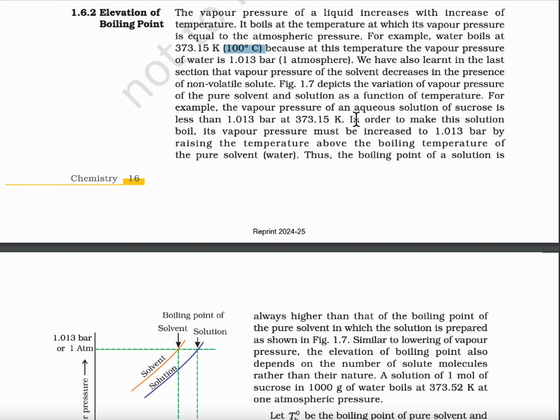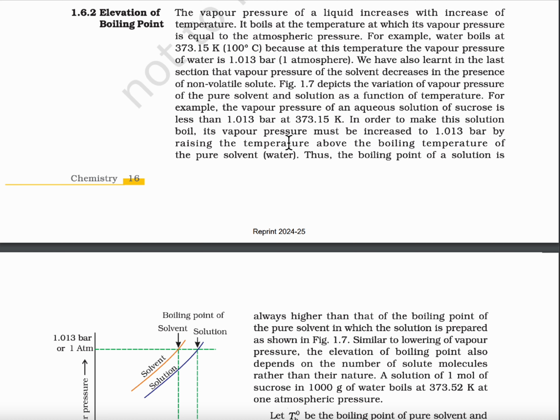Water's boiling point was 373.15 Kelvin. At that point, the vapor pressure was 1.013 bar, which is equal to the atmospheric pressure. But when sucrose was added to the water, the vapor pressure decreased, because we know from relative lowering of vapor pressure that the vapor pressure of the solution would have decreased compared to water as a pure component.